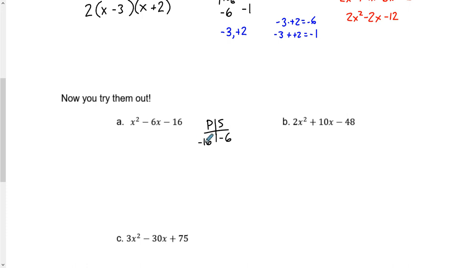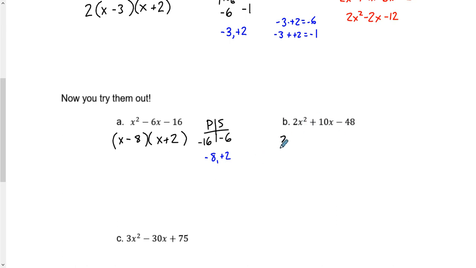Two numbers that have a product of -16 and a sum of -6, -8 and +2. It does take work. It takes practice to get what these numbers are. And all we have to do is write x subtract 8 and x add 2. And we're done.